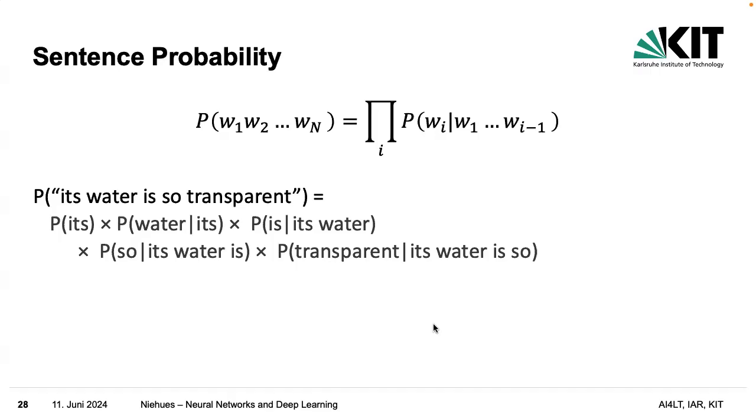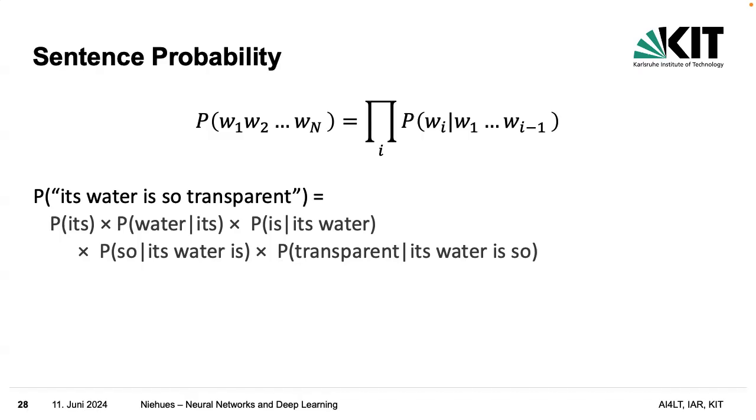And then you can easily do that as an example. So you can estimate the probability of the full sequence, "Its water is so transparent", as the probability of the first word times the probability of the second word given the previous, and so on. So here you have split the full sentence probability into individual ones, which is a good first step.